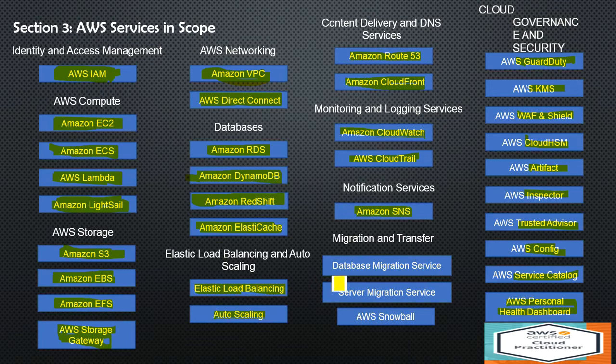So these are the services that we will be going through, and some of the services are global in nature and some are regional. So in the next slide I have tried to show you the global services as well as the regional services.